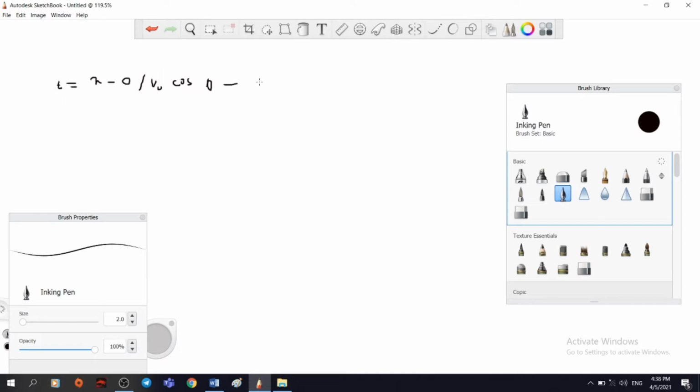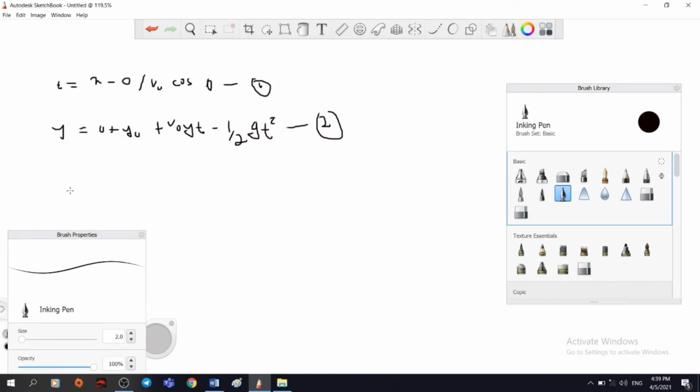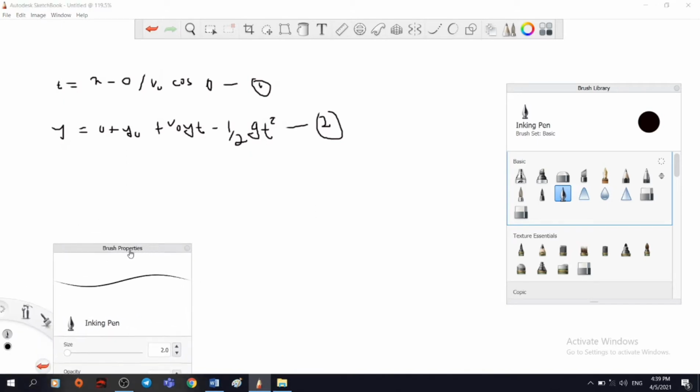The second equation is y equals y0 plus the velocity for the Y component multiplied by time, minus 1/2 multiplied by gravity and time squared. Now let's find the initial velocity for our data.